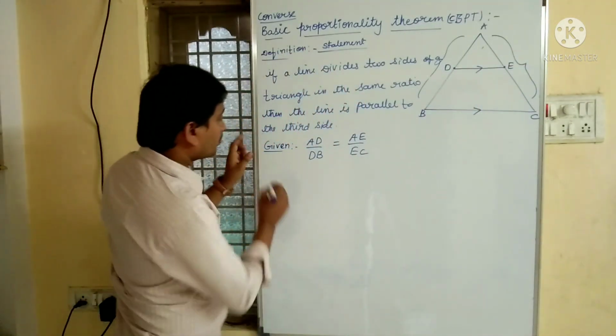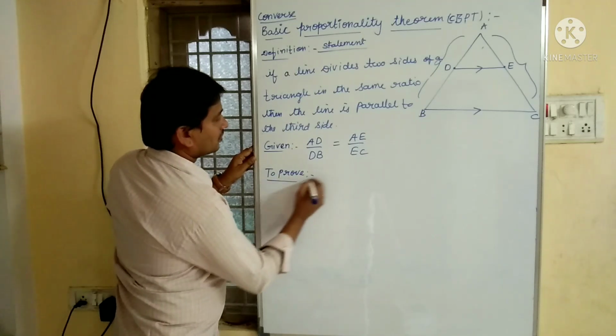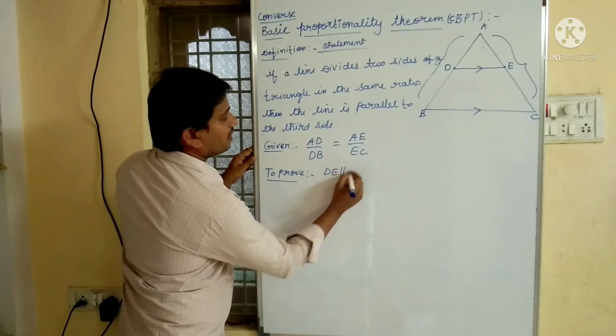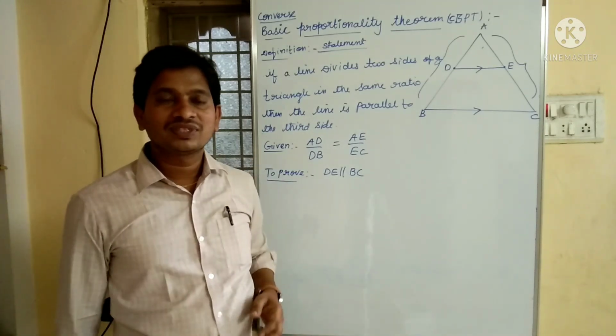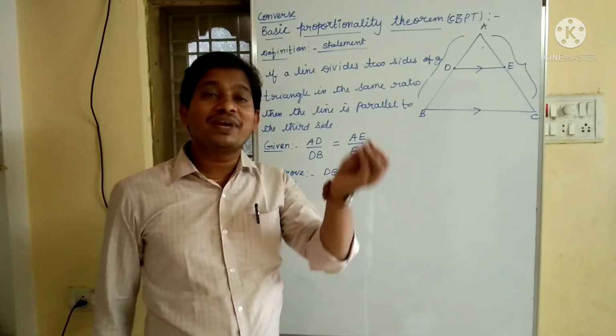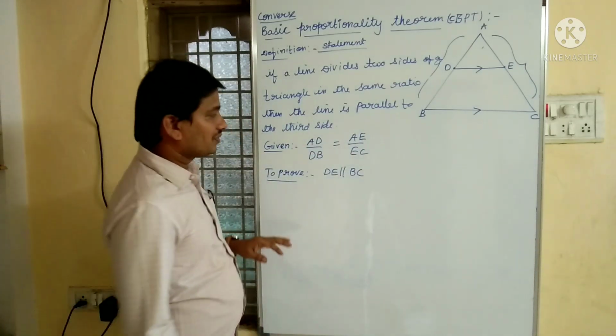Then what we need to prove? We need to prove DE must be parallel to BC. That is C.B.P.T.